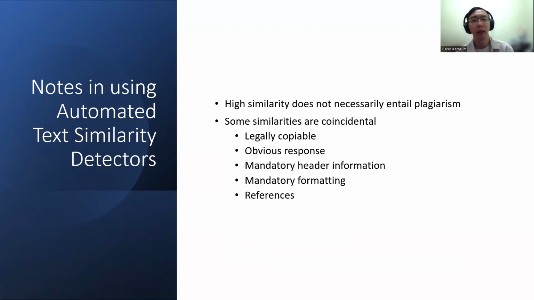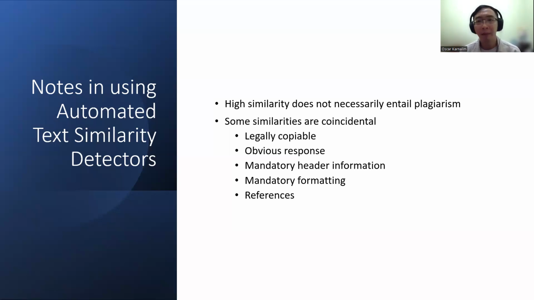So they might just say, okay, if it exceeds some kind of threshold, then it can be considered plagiarism, and they don't want to accept the work. And that is acceptable because it is easier to do. But if you want to observe further, if you want to accuse someone of plagiarism, you need to be aware that high similarity does not necessarily entail plagiarism.